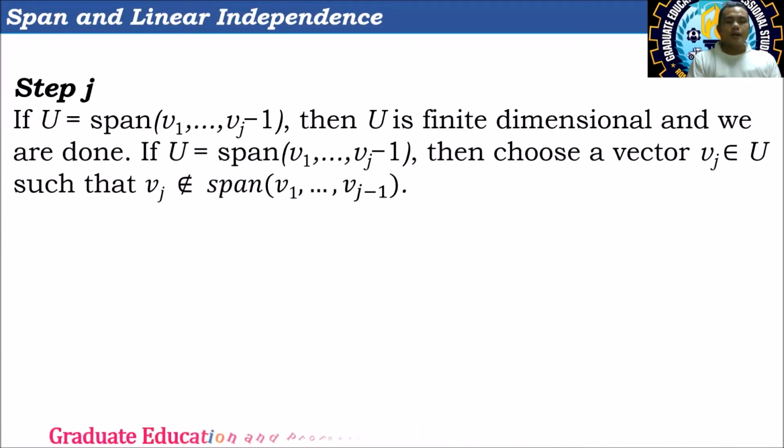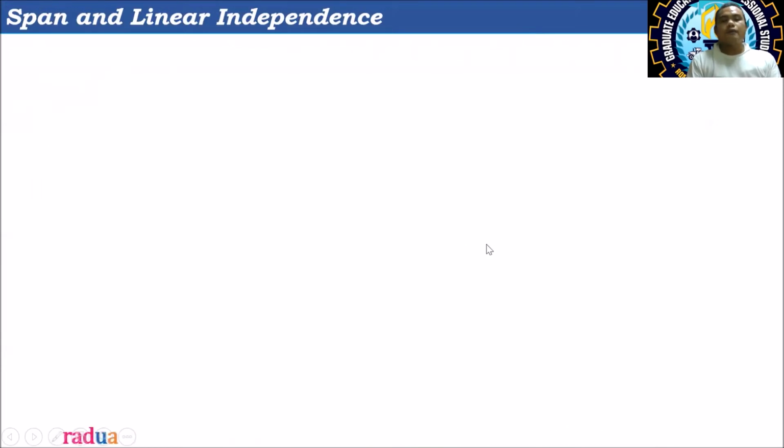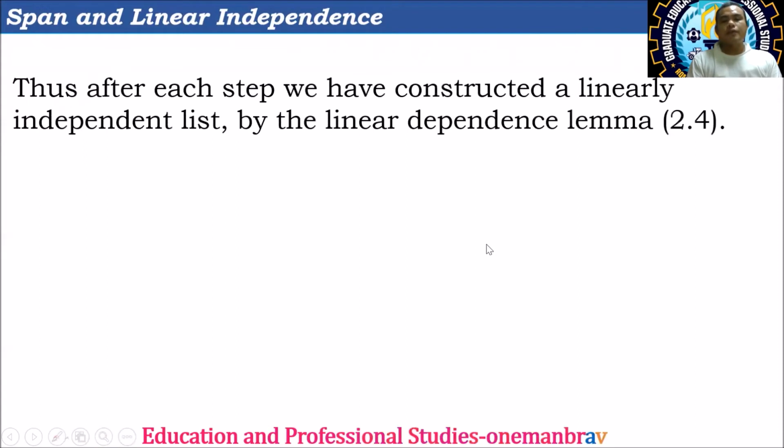After each step, as long as the process continues, we have constructed a list of vectors such that no vector in the list is in the span of the previous vectors. Okay, so thus, after each step, we have constructed a linearly independent list by the linear dependence lemma 2.4. So that would be the outcome of our procedure.